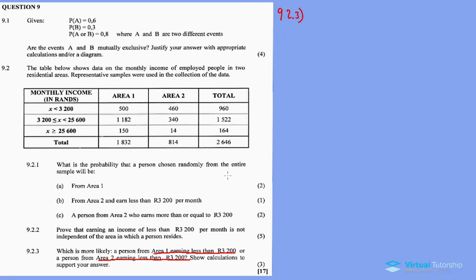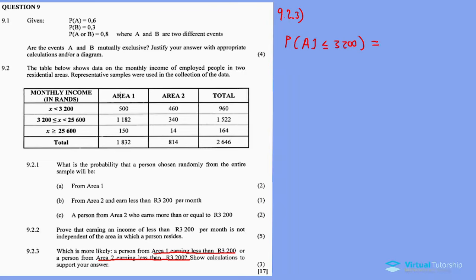So we don't consider the entire sample. Since I'm doing the calculation for area 1, this is the total. For area 2, this is the total. We need to find the probability for area 1 of people earning less than 3,200, and then for area 2 for people earning less than 3,200.